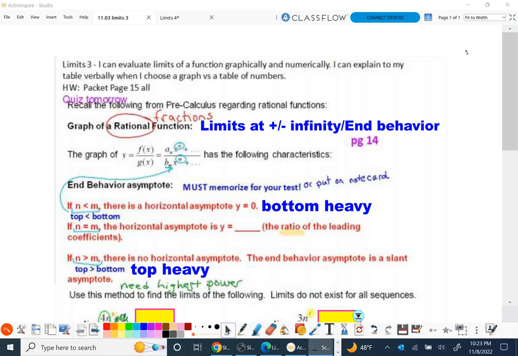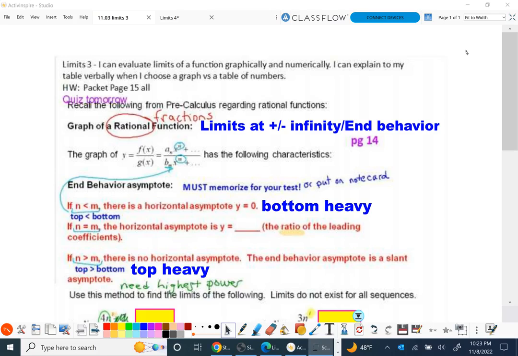So if I've got a ratio or fraction of two polynomials, then I can figure out what the limit is at the ends of the function by looking at certain characteristics of the exponents.